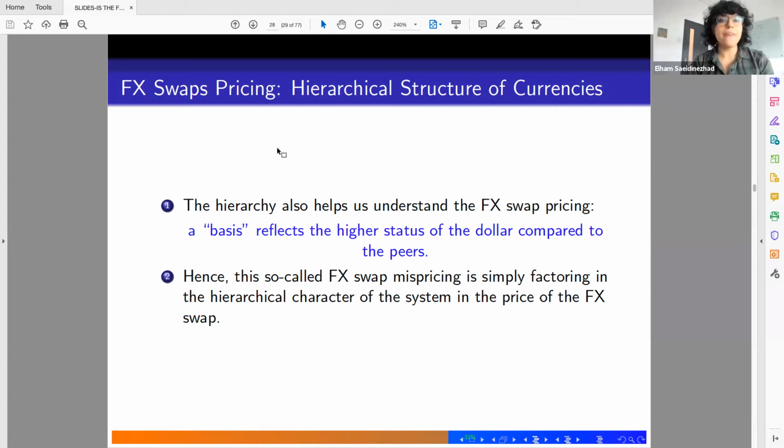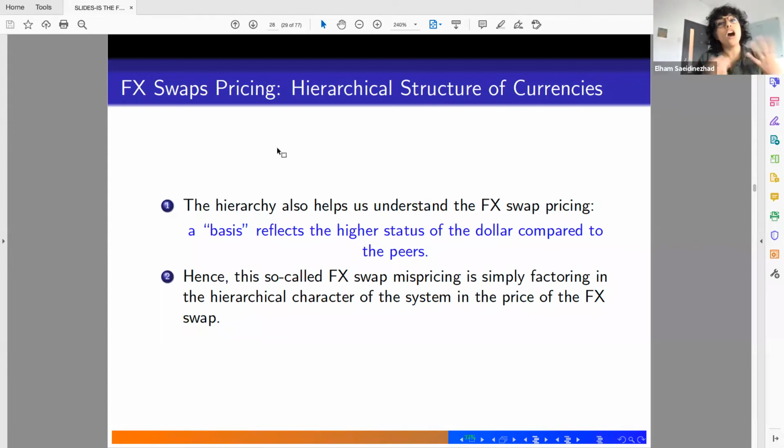However, this hierarchical structure is not the only explanation behind the persistence and existence of the basis and the breakdown of the CIP.